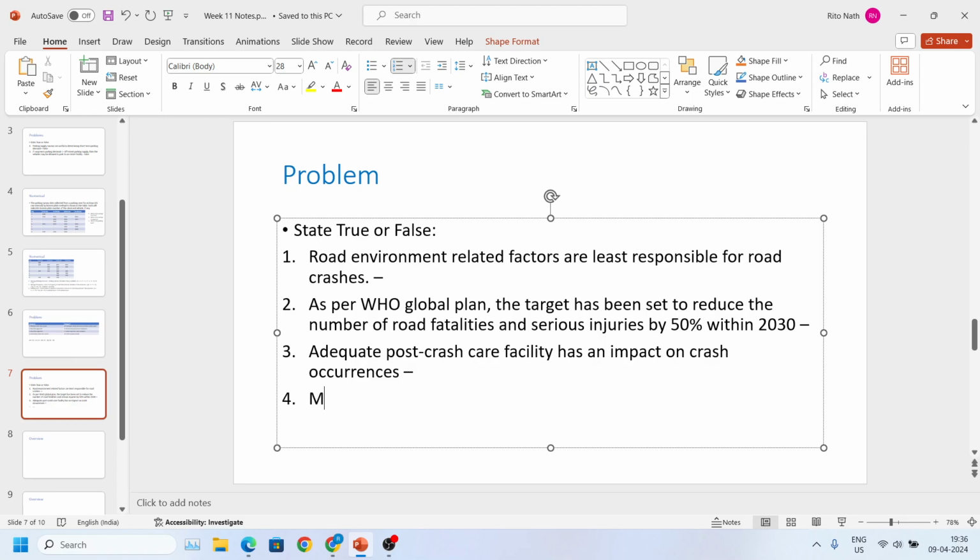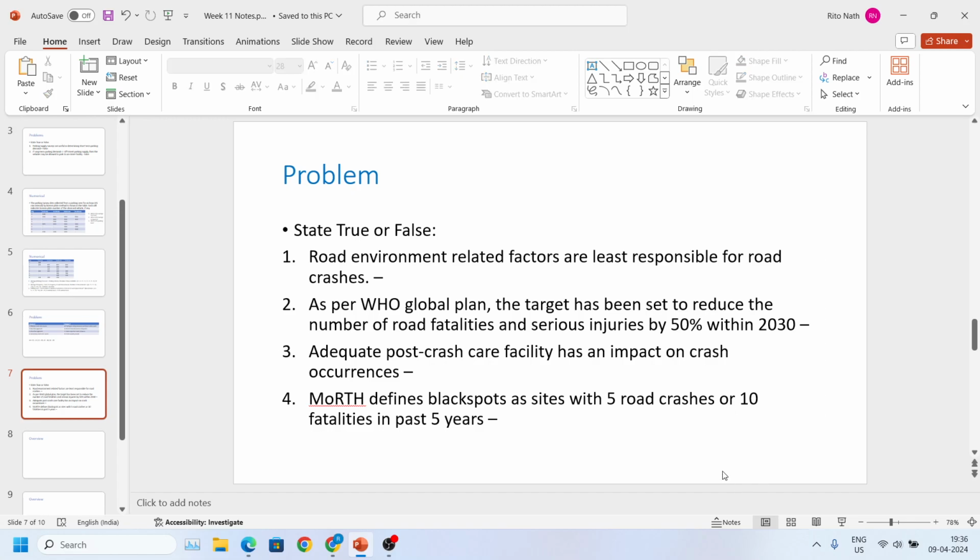Last one is: MORTH defines black spots as sites with 5 road crashes or 10 fatalities in past 5 years. Okay, so what would be the answers to this? You can try this out. Give me the answers in the chat.